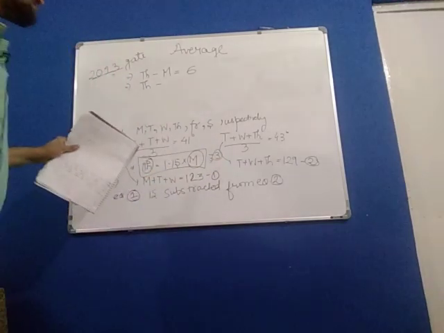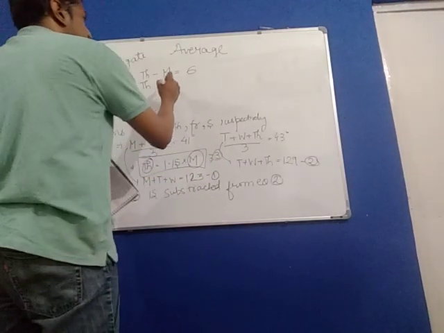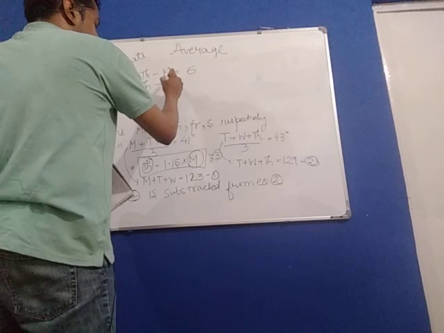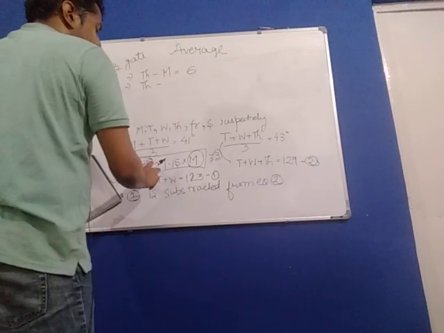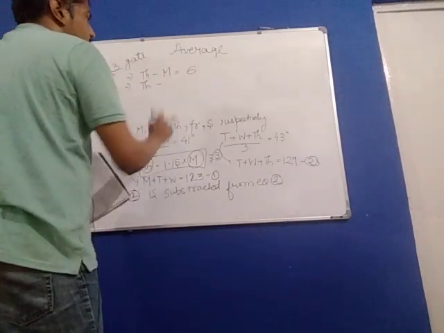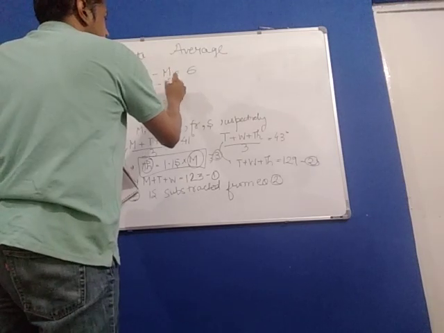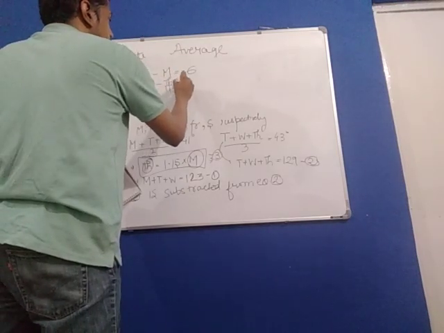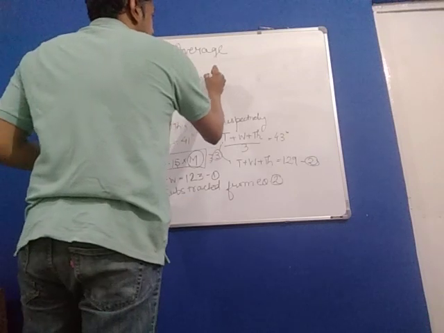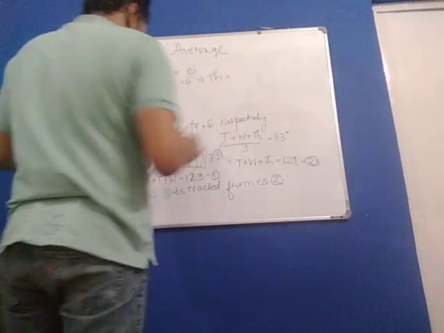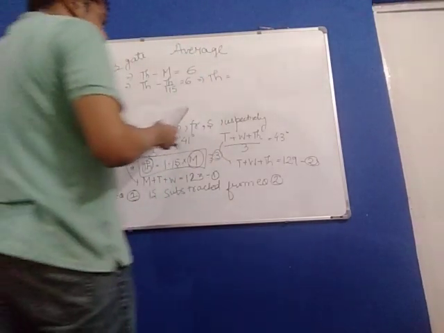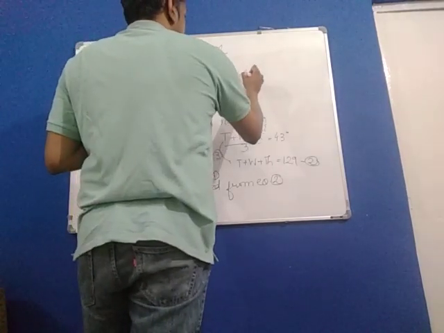We are given that Thursday is equal to 1.15 times Monday. So Monday is basically going to be equal to Thursday upon 1.15. So Thursday minus Thursday upon 1.15 is equal to 6, and from this equation we can obtain the value of Thursday, and this will come out to be equal to 46.